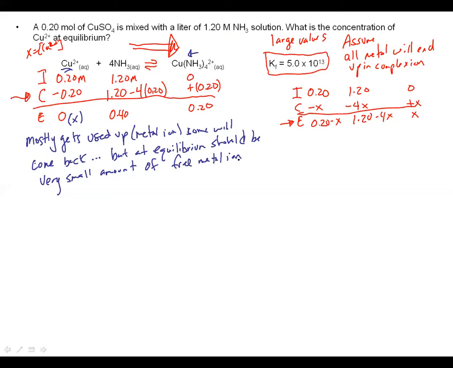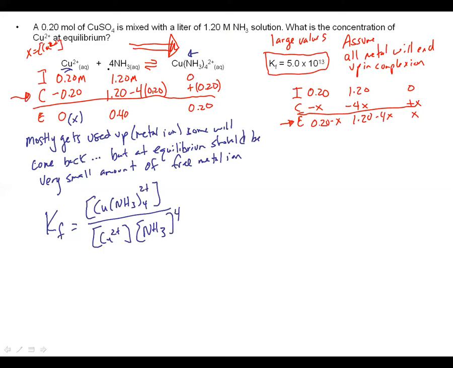So the way that we could figure it out is to use our equilibrium expression. If we write the Kf for this case, it would be our products, which is our complex ion, divided by our reactants, which is our copper and our NH3, which we still have to take to the 4th power, again, because of the coefficient.